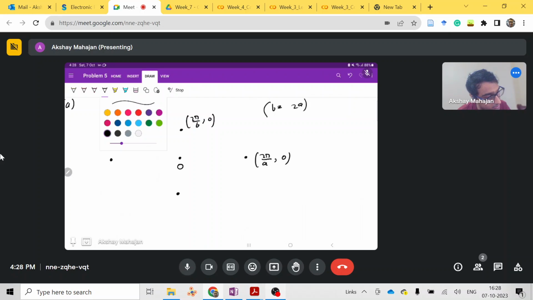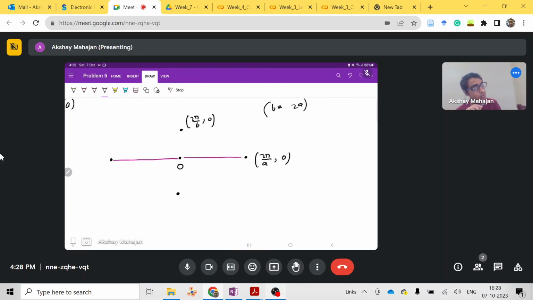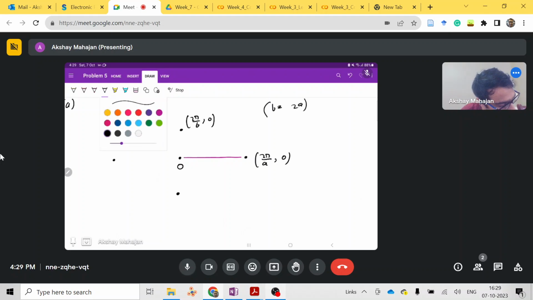Then, since we are talking about the first Brillouin zone, I will connect these first points. The 2 pi by a length will be longer.